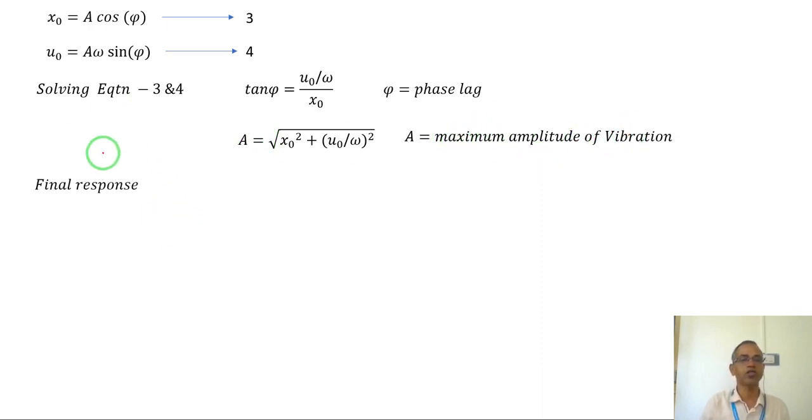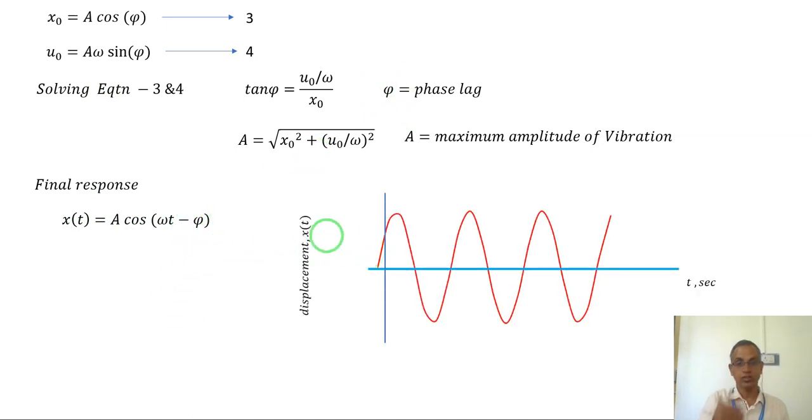The final response, substituting this A and phi into the assumed response x of t equal to A cos omega t minus phi, is the square root of x naught square plus u naught by omega square, times cos of omega t minus tan inverse of u naught by omega by x naught.